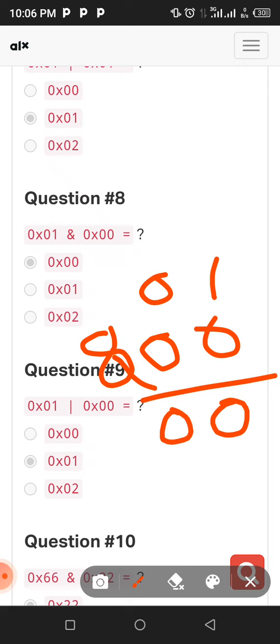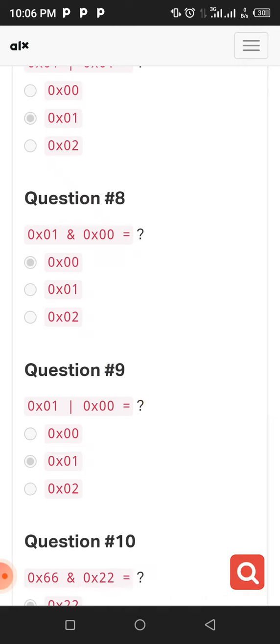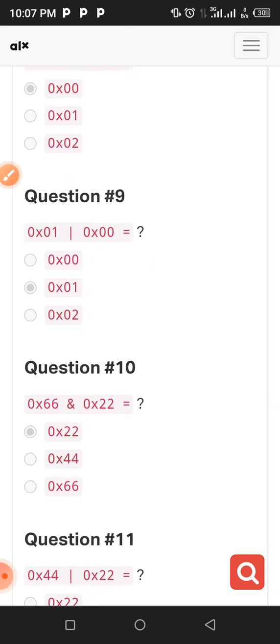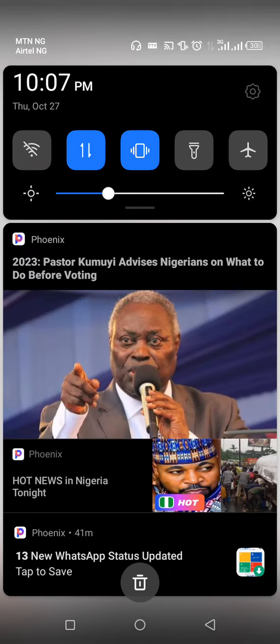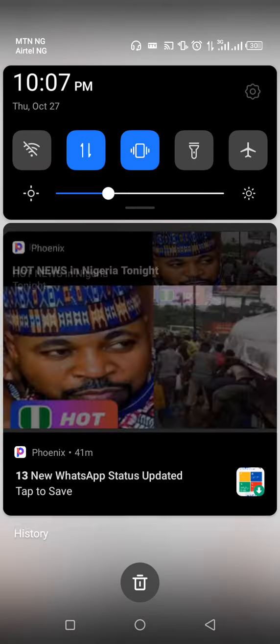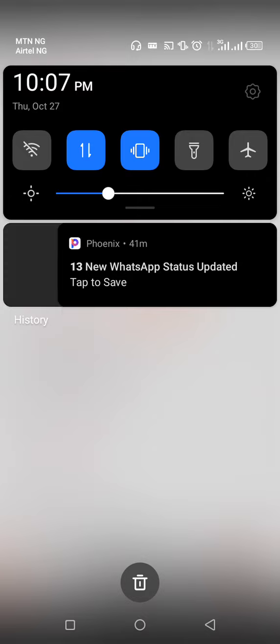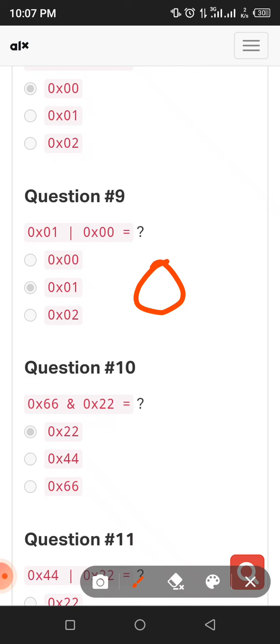Then for question number 9, we have 0, 1, and we have 0, 0, like that.